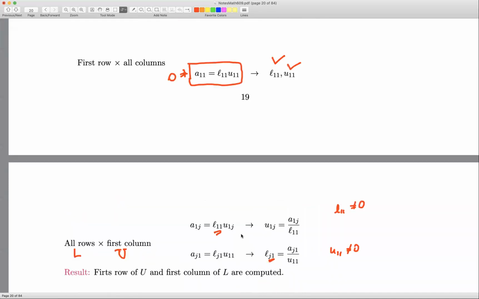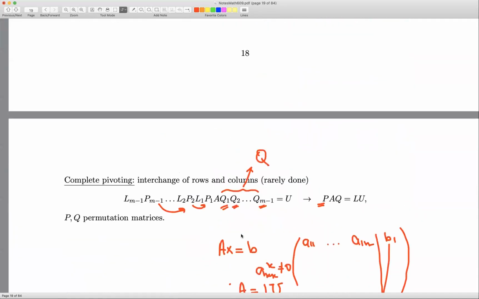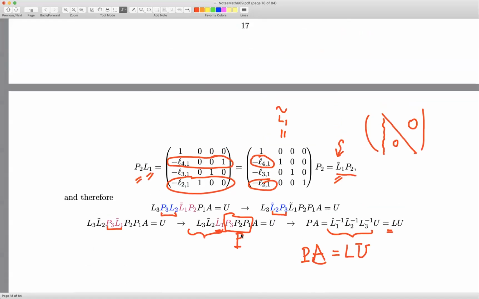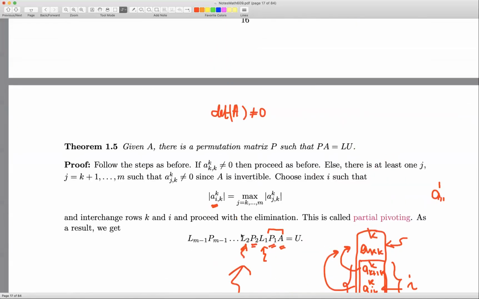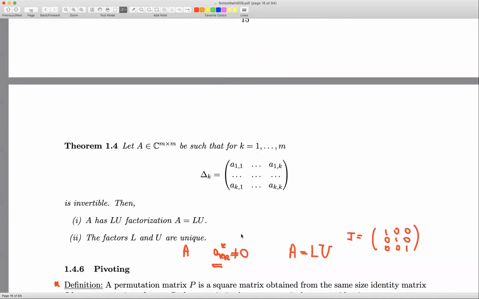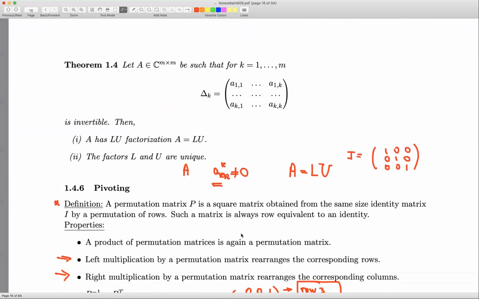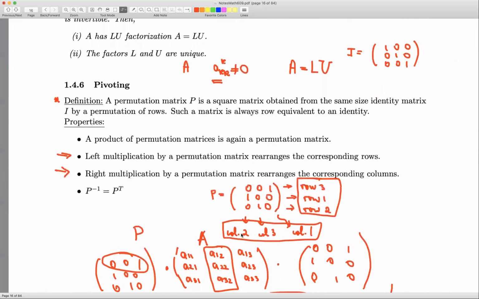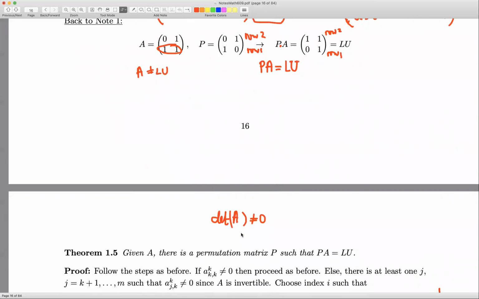Last time we finished with a theorem that we did not prove, but we just mentioned that if A is a matrix such that all submatrices on the upper left corner of dimension k times k, for k from 1 to n, are all invertible, then A has an LU factorization. That means in the Gauss elimination, you do not need to do pivoting.